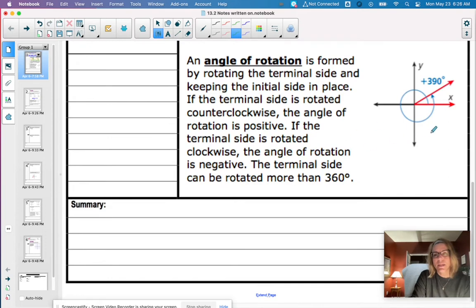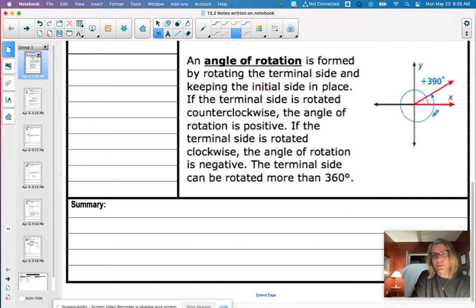And here it said the terminal side can be rotated more than 360 degrees, because as you can see here, we started at the initial side and we went up counterclockwise.